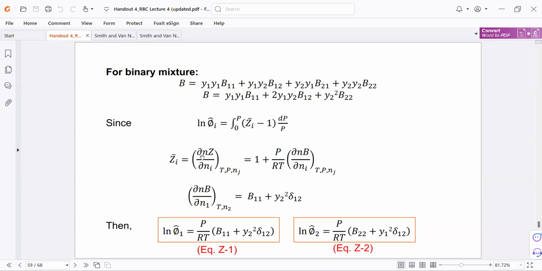Z bar is the partial molar compressibility factor as expressed in this equation right here, taking the derivative with respect to the species I, taking temperature, pressure, and the number of moles of other species constant. And this is equal to 1 plus this value. So where did we get this?